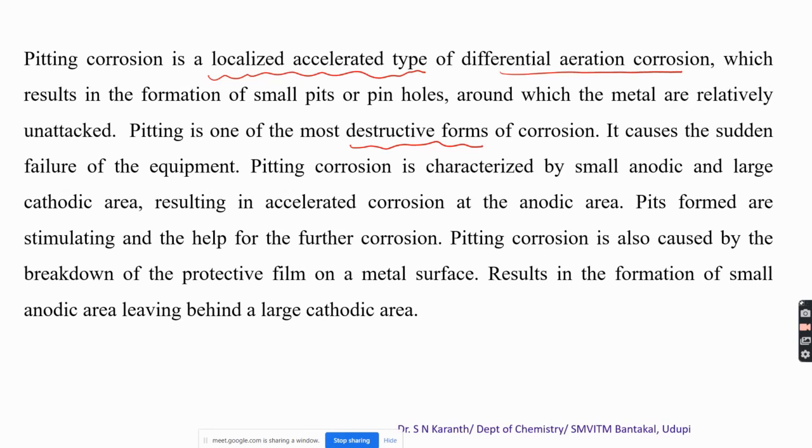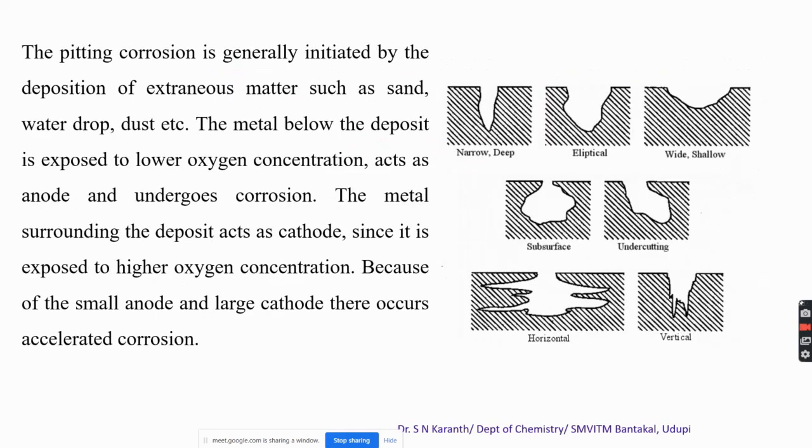It is a destructive form of corrosion, particularly characterized by the formation of a small anode and large cathode, resulting in accelerated corrosion at the anode part, creating a small pinhole or pits on the surface of the metal, whereas the surrounding area is completely unattacked. So the sudden failure of the equipment is observed.